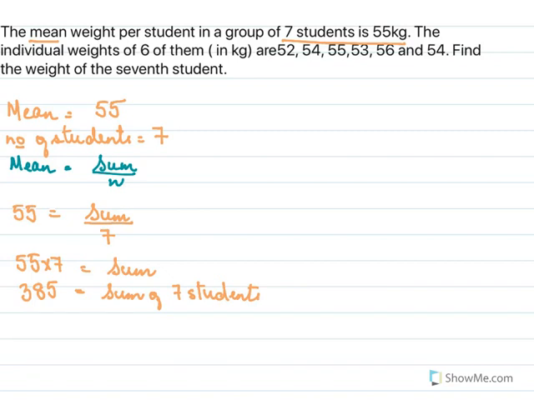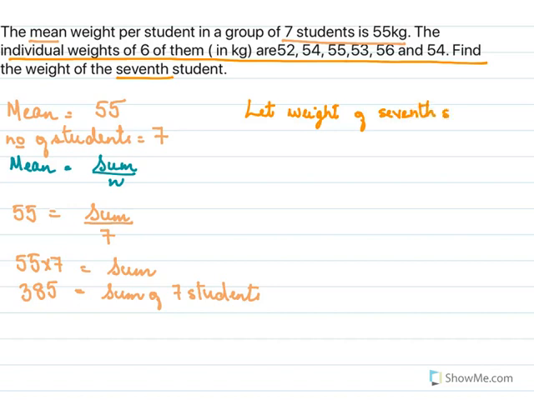In the next part, they said the individual weights of 6 students are given here. So find the weight of the 7th student. So let the weight of the 7th student be x.